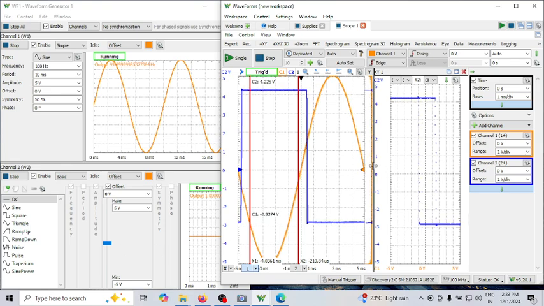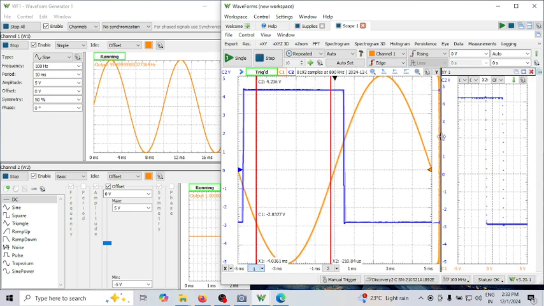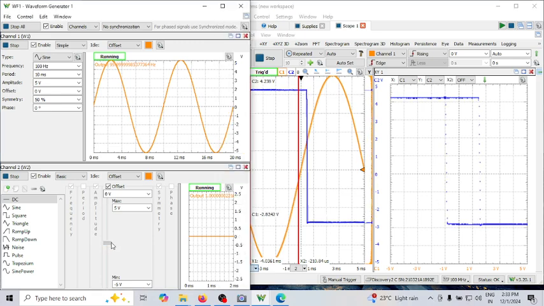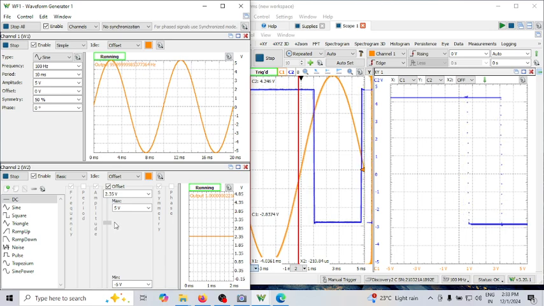Let me just expand this. This is more interesting to see. Suppose when I increase this reference voltage, you can see both are becoming positive. Now this is your 0 point, both have gone to the positive side because I applied a larger positive reference voltage.